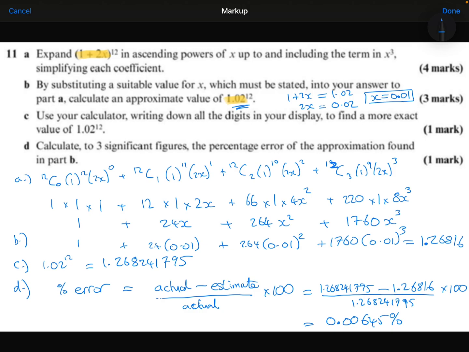So you can see a tiny percentage error, absolutely tiny, insignificant, I suggest. So our answer in part B was actually really, really accurate.